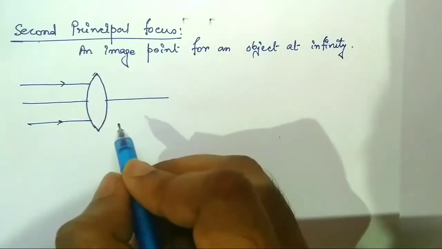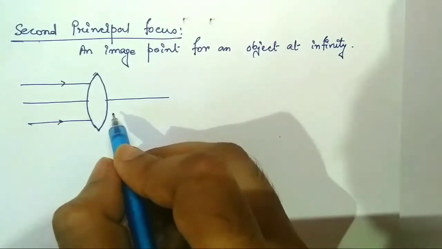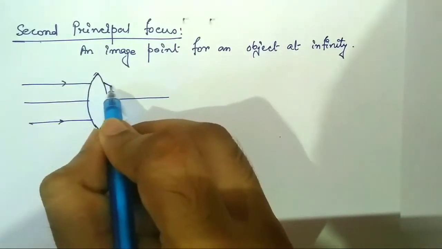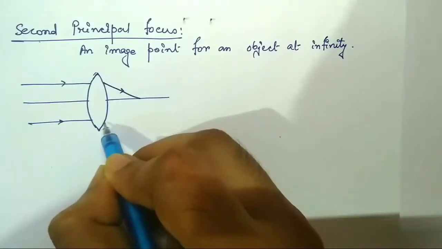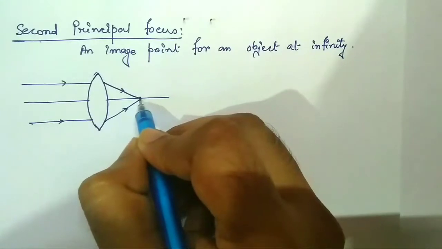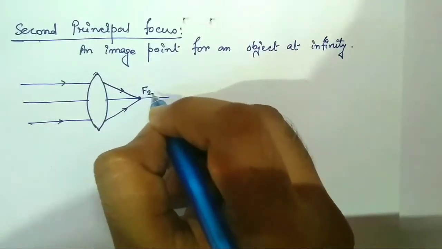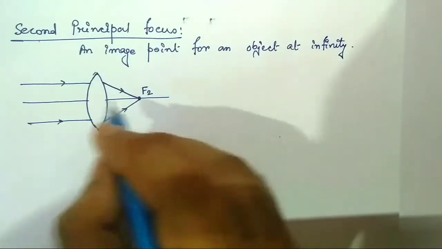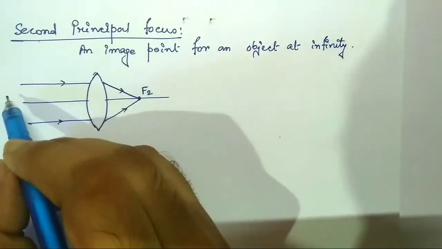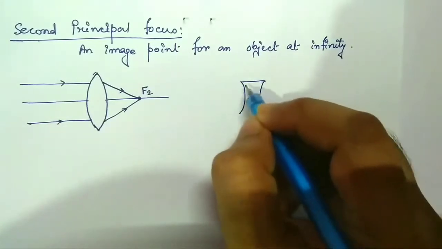Now we know the convex lens converges the incident rays. Now it converges the rays at this point. Okay, so this is the image point. This is known as the second principal focus, as the object is placed at infinity. Okay, similar diagram for the biconcave lens.